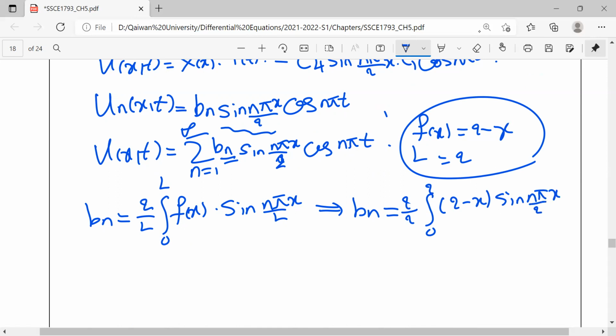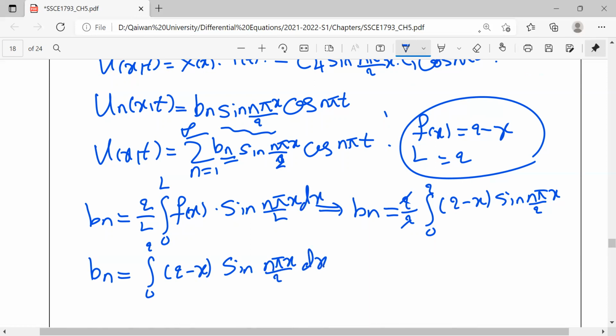We have this. Now we find this integration. These two are cancelled out. So Bn is the integration from 0 to 2 of 2 minus x times sine n pi x over 2 dx. I forgot to write down dx here.